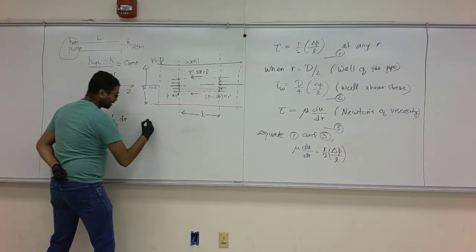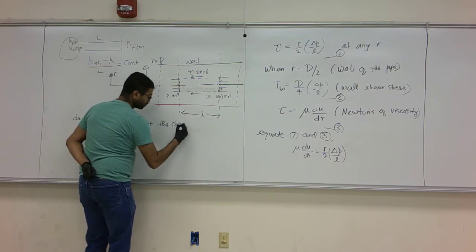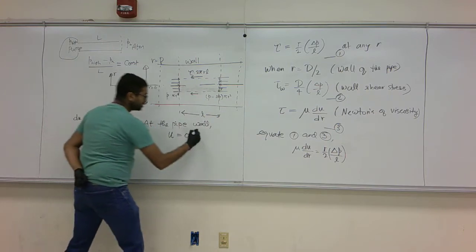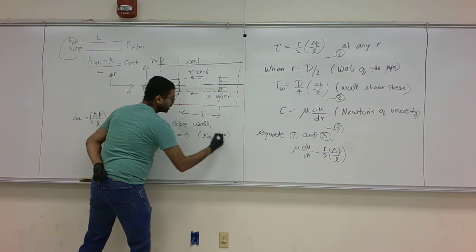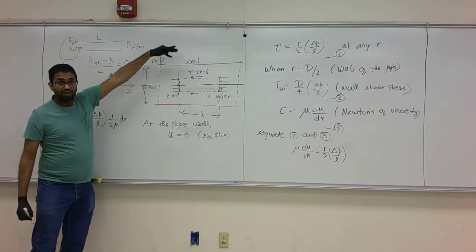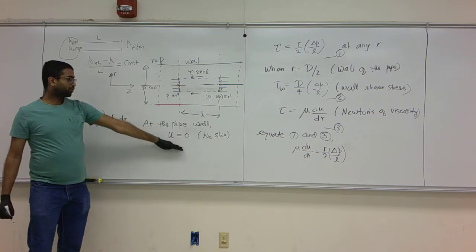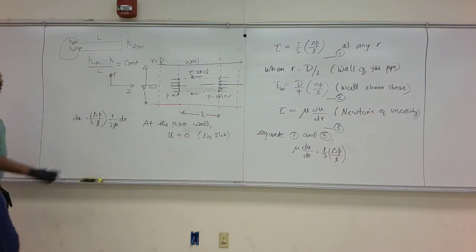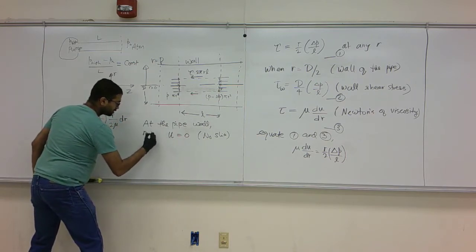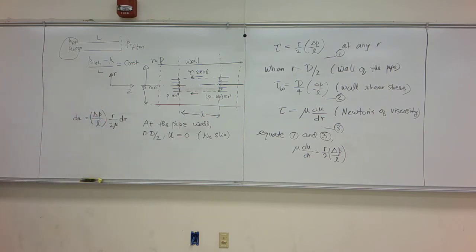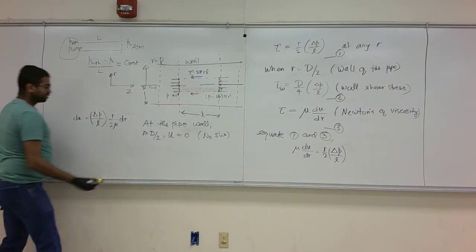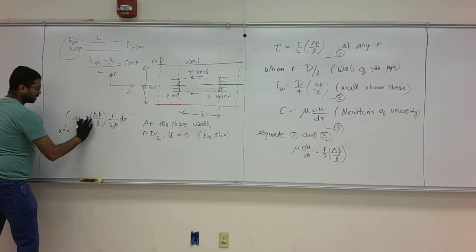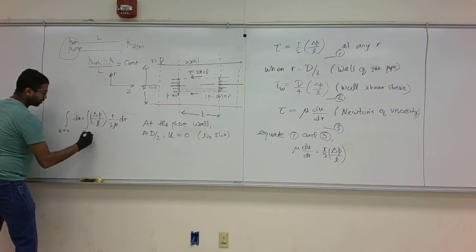At the wall the velocity is 0, we call it no slip. There is no slip between the fluid and the wall. Whatever the wall's velocity is, the fluid's velocity is the same. The wall happens to be at rest, so the fluid is also considered to be at rest. So at the pipe wall u is 0, r is equal to D over 2. At any other section you have r, so I will write 0, and this is equal to r equal to D over 2.